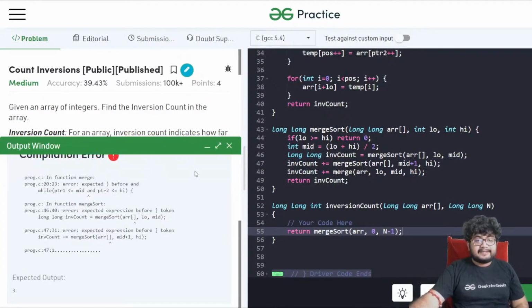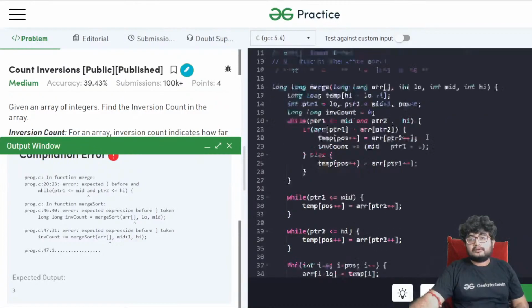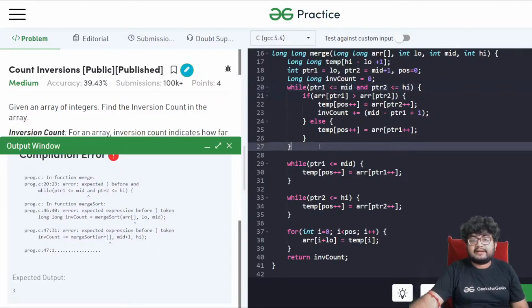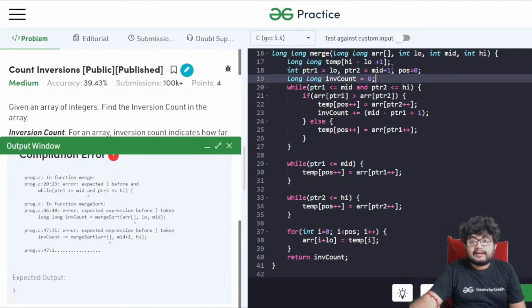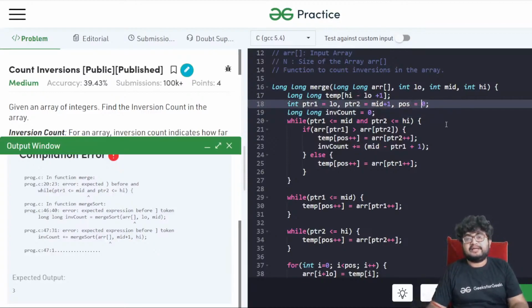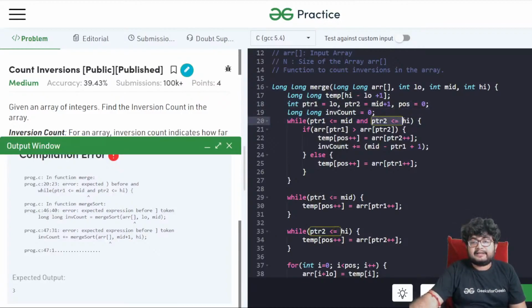Compilation error. While PTR1 less than equal to mid and PTR2 less than equal to high.